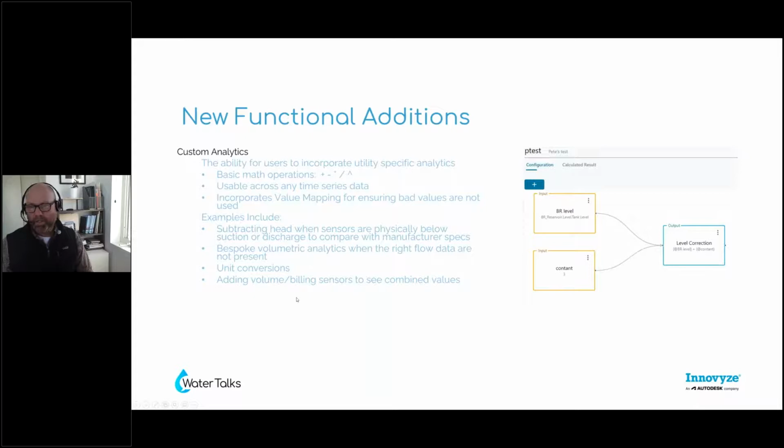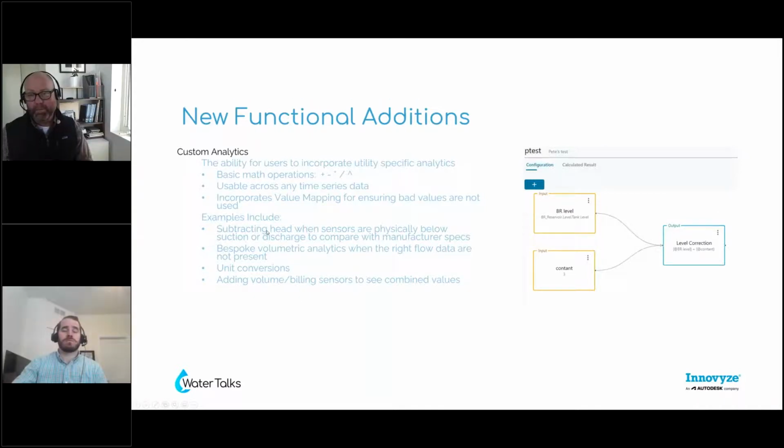So what are some examples of this? Maybe you want to subtract head from a sensor because there's actually a physical offset from the discharge at a pump to where the actual sensor is. This is a very real life scenario, so we allow you to make that correction using this tool.